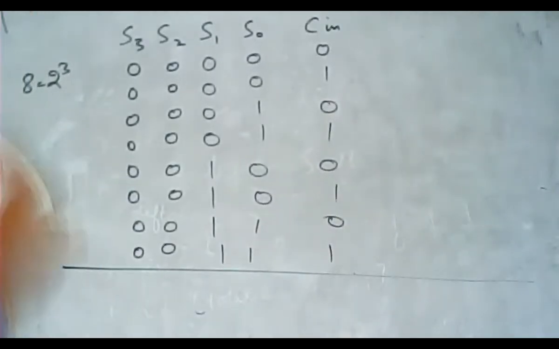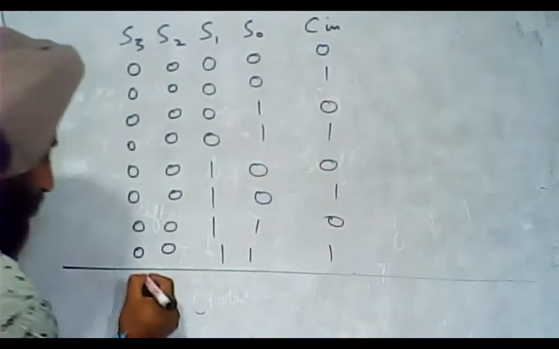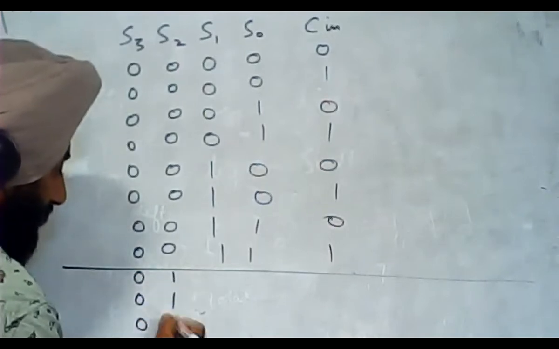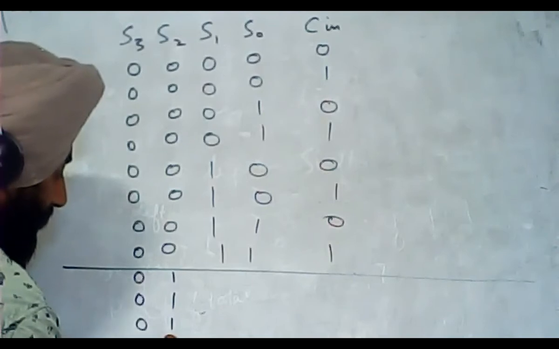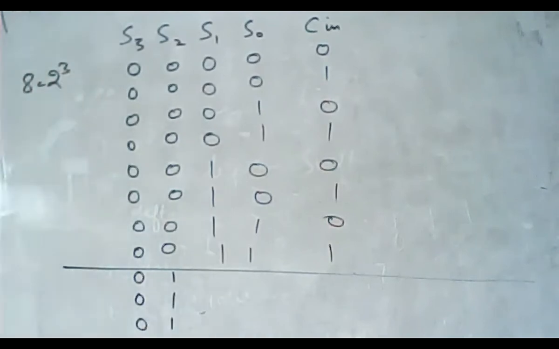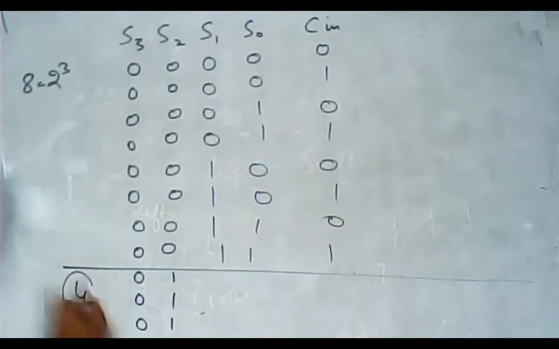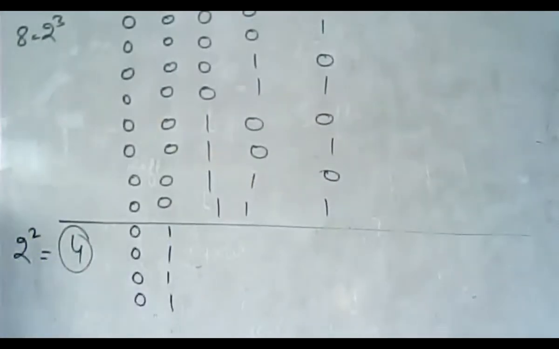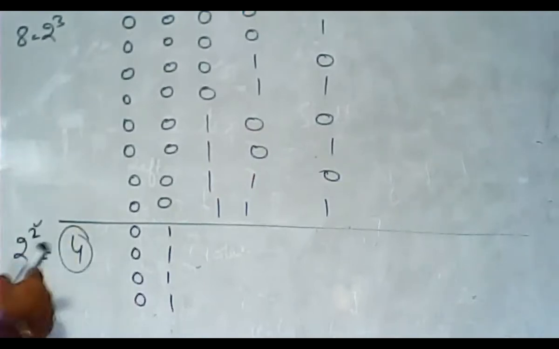After that, the 4 logical operations. For logical operations, the value of S3 and S2 will be 0, 1. How can you write 4? 2 raised to power 2 is equal to 4. It means a total of 2 inputs have combinations for this.